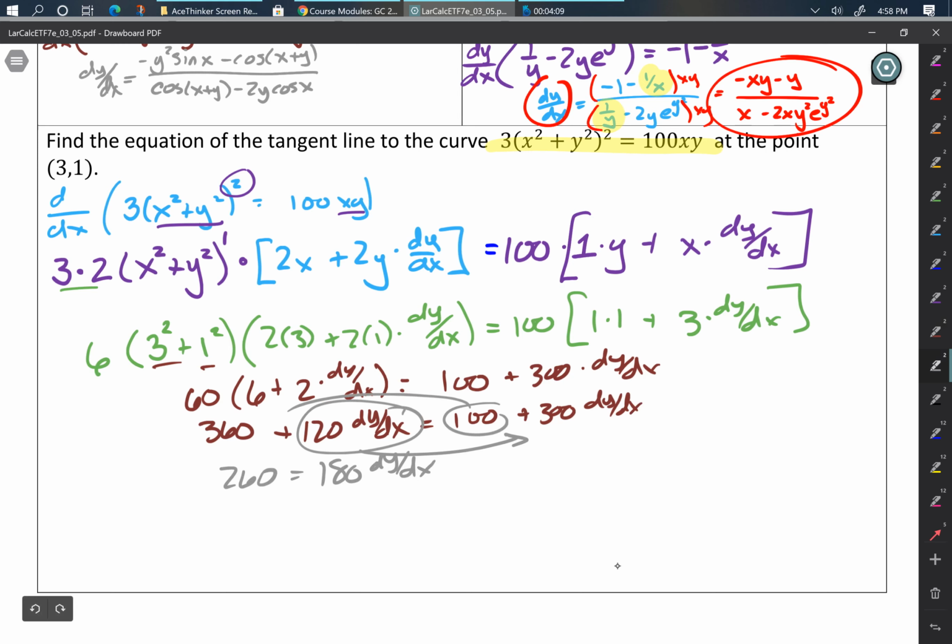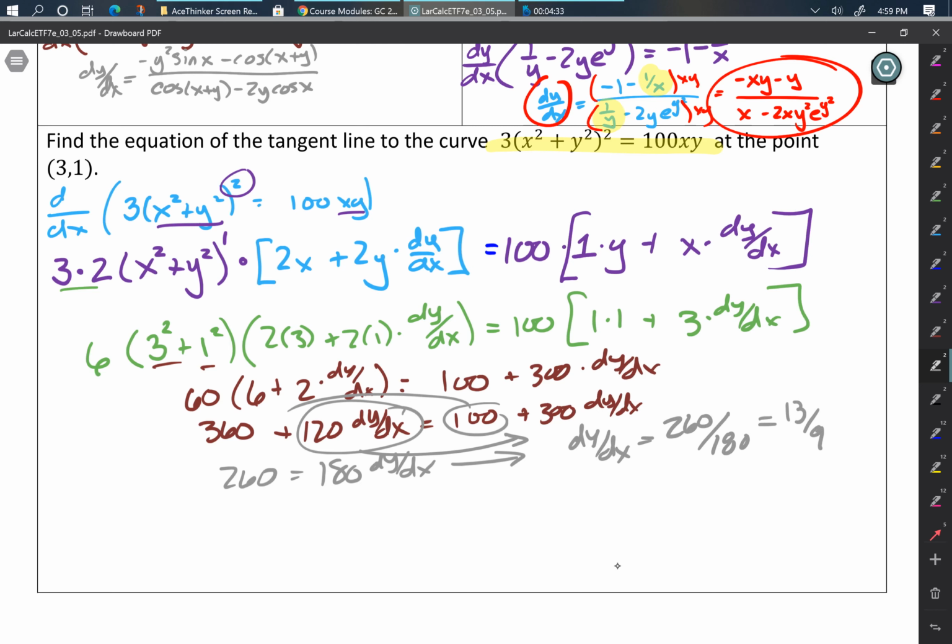Dy/dx, which then gives me my dy/dx, my derivative, is equal to 260 divided by 180, which is 13/9 when simplified. Drop the zeros, 26, 18, 13, 9, half each of them, you're there.